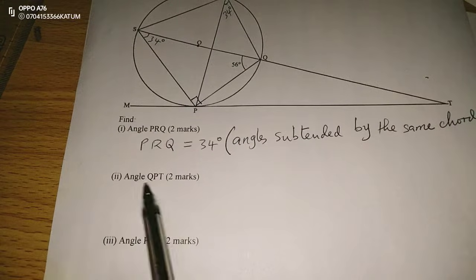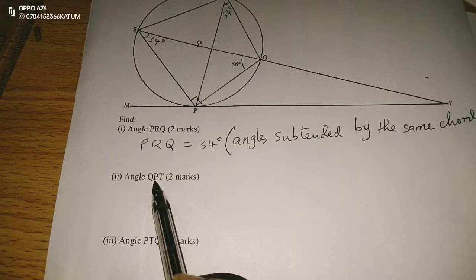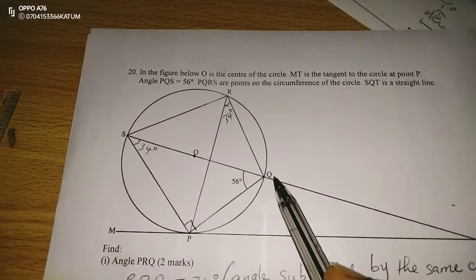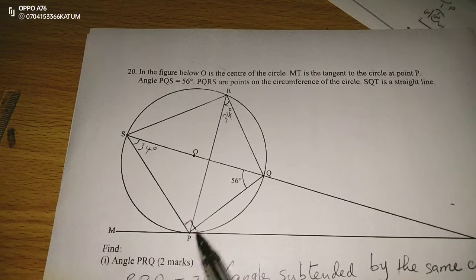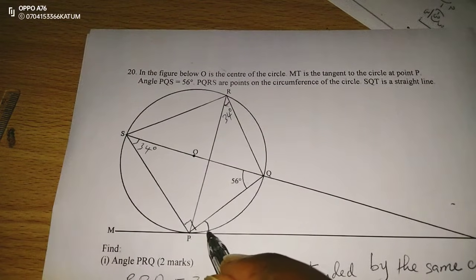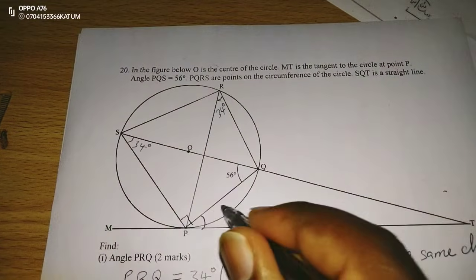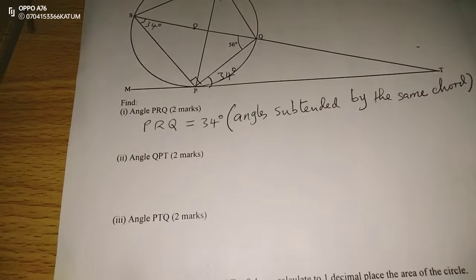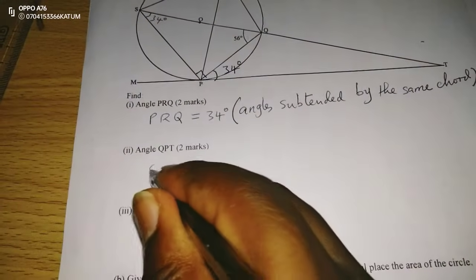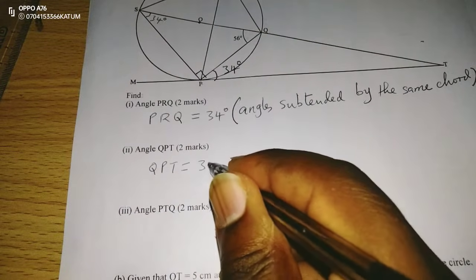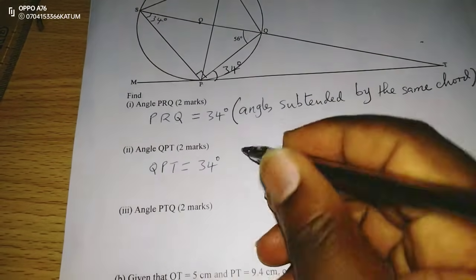The next is angle QPT. The value of this angle is again going to be 34 degrees. So what you're going to say is that QPT is going to be 34 degrees.